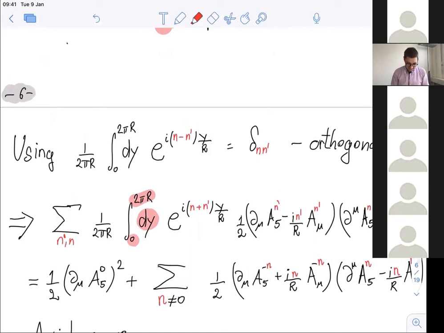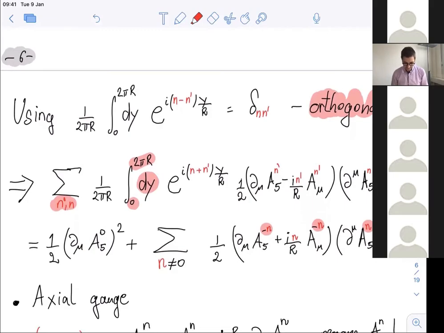And here there is a double sum over the modes of one and the other field, and I'm doing it for this mixed scalar-vector term. At this point, I should use the orthogonality of the Fourier modes, namely this relation that the integral is proportional to the Kronecker delta, which will reduce the double sum to a single sum. And in the single sum, I will have these minus n and n modes.